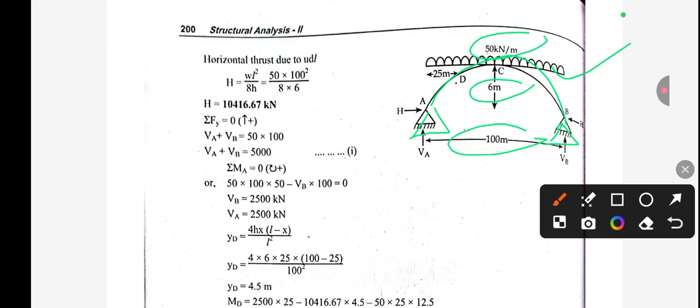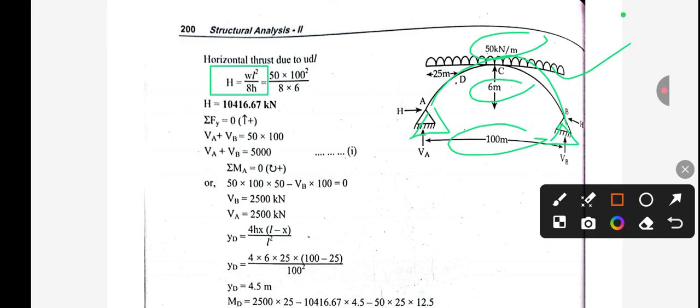As we know, whenever the UDL is acting for the whole span, then we have the formula for the horizontal thrust, WL square by 8h. This is our formula for the whole span.